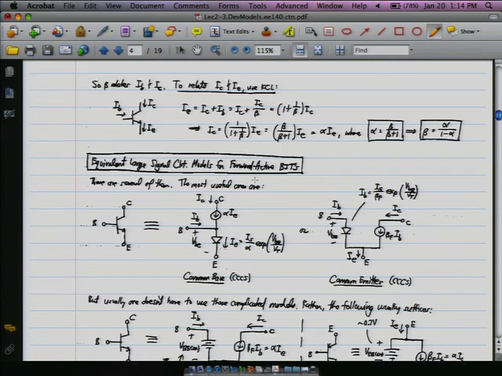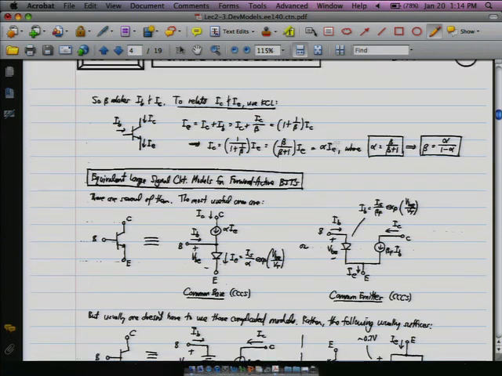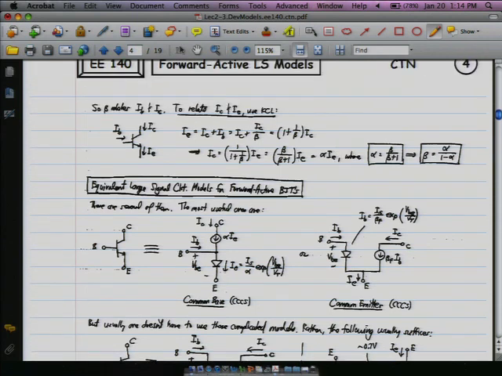Well, if we go back up here, we said that alpha IE is just IC. That comes out of these steps that have to do with flipping around the beta expression. And this is an example of where it just becomes a shorthand.